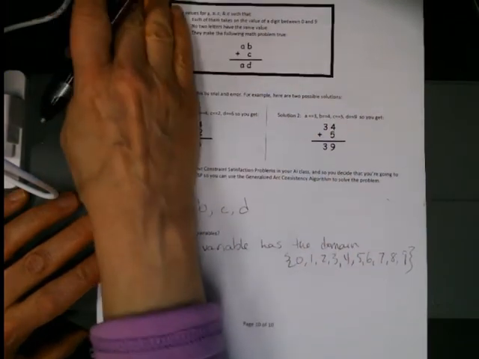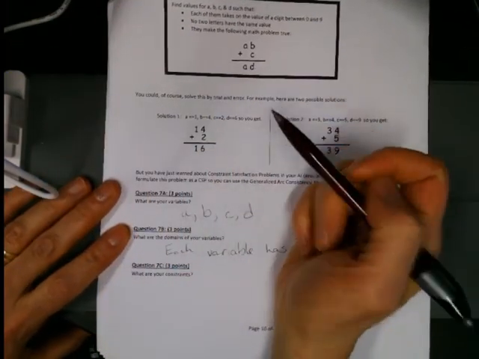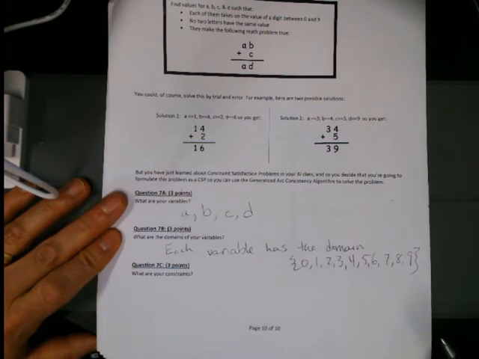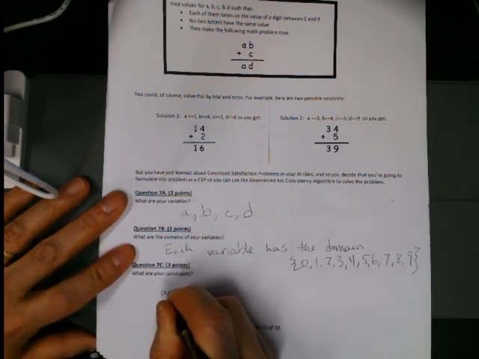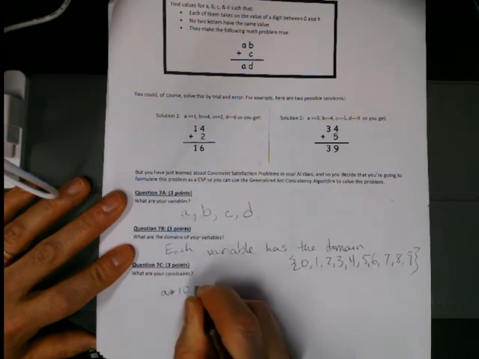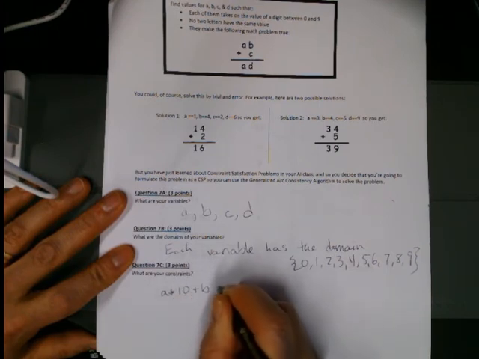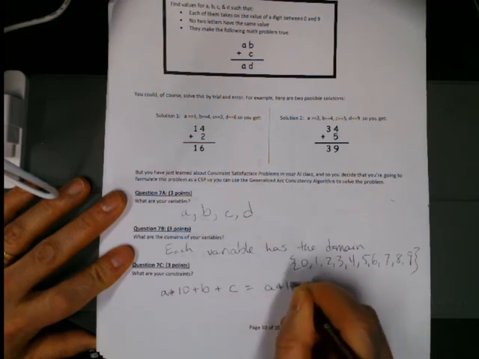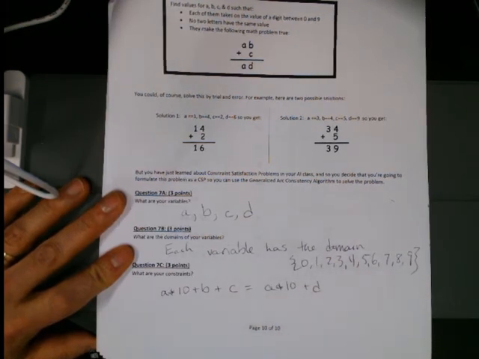What do we need to know? We need to know that AB plus C equals AD, right? And so one way to write this is A times 10 plus B plus C equals A times 10 plus D, right? So there's one constraint.